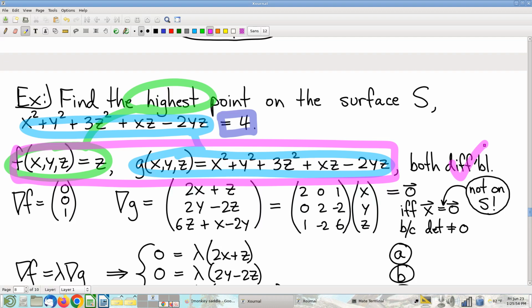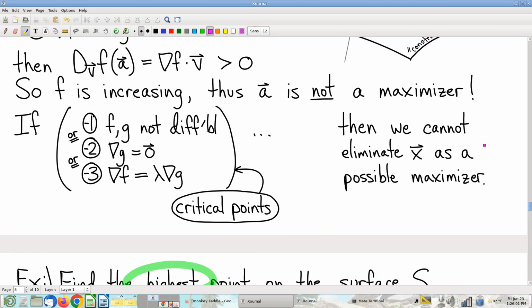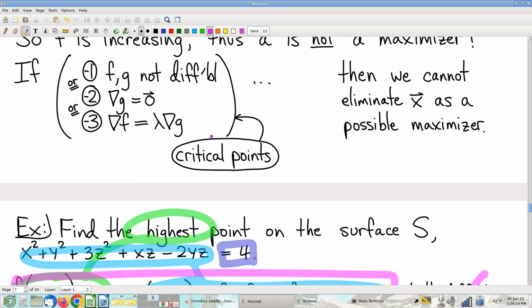You don't even have to spell it out, I'll take the abbreviation. But I do need a recognition that you've thought about condition 1 and that both of the functions are differentiable. And if they're not, then you have to recognize where they fail to be differentiable, and you have to label those as critical points. Usually that doesn't come up.